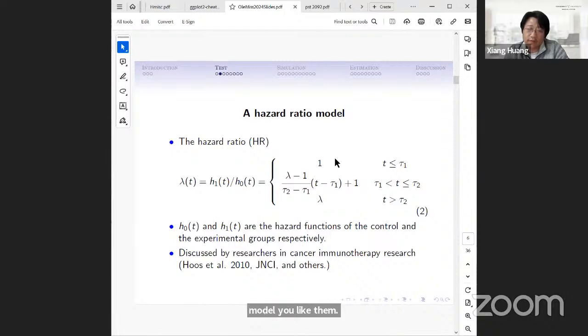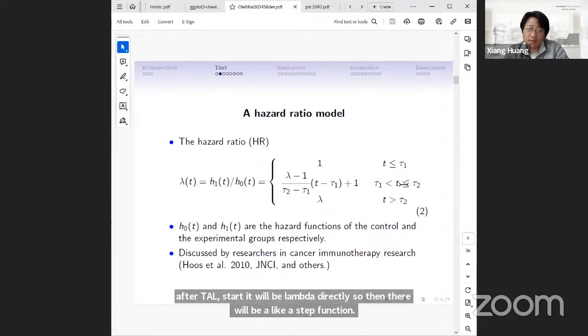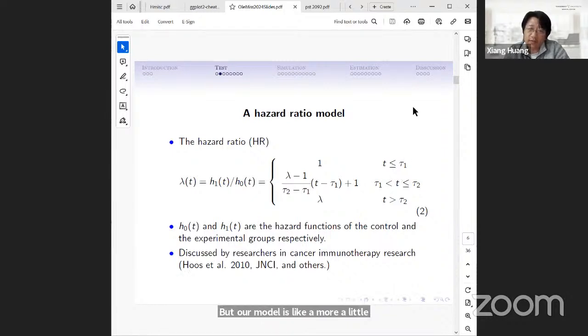Lambda of t is first 1, and after tau star it will be lambda directly. So then there will be a step function. But our model is a little bit more complicated than that simplified model. We suppose there's a transition period, so that the hazard ratio changes smoothly from 1 to lambda.